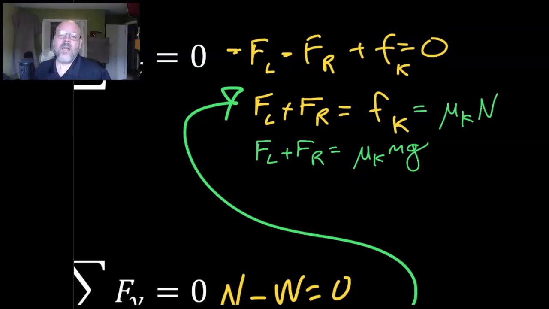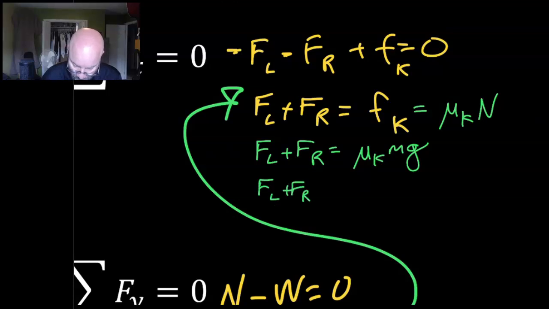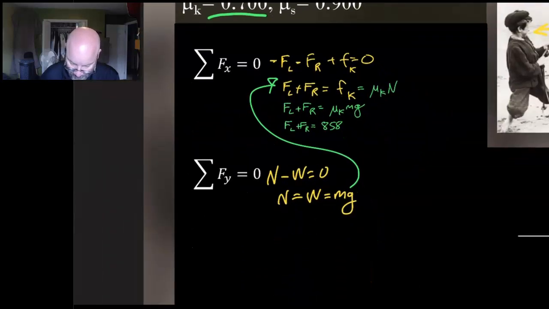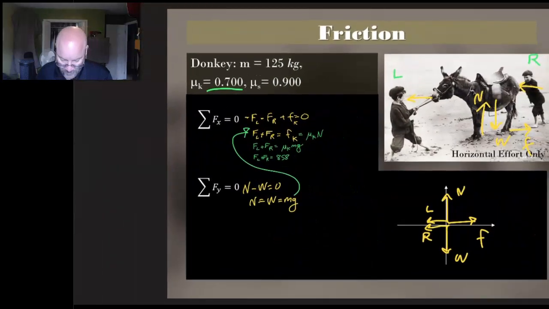Now if we plug in all of the numbers that we were given for mu and the mass, then what we're going to end up with is that FL plus FR has to be equal to 858. Now let me zoom back out a little bit on this. So that's the relationship that we have there.